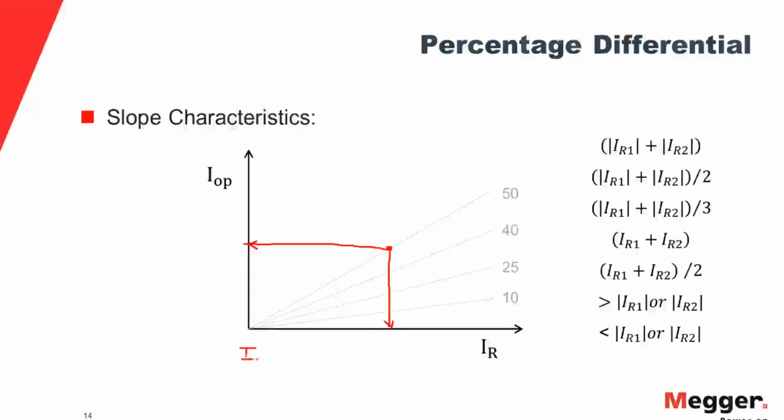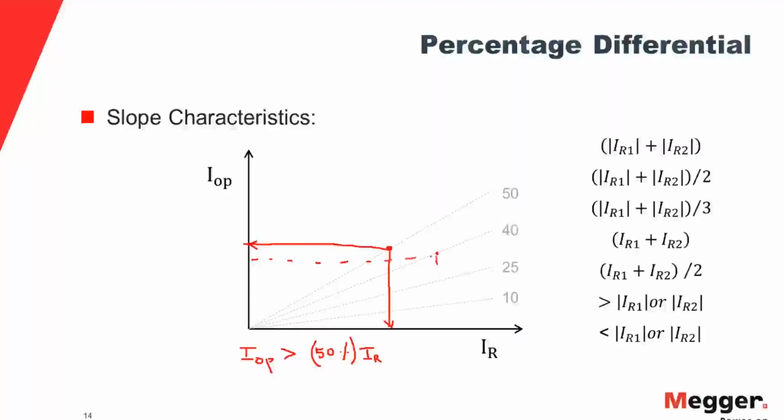So with that, in this case here, you have a 50% slope, let's say. So what does that mean to us? For the relay to operate, in this case, I think I can draw here. So in this particular point, I need some amount of restraint current and some amount of operating current.